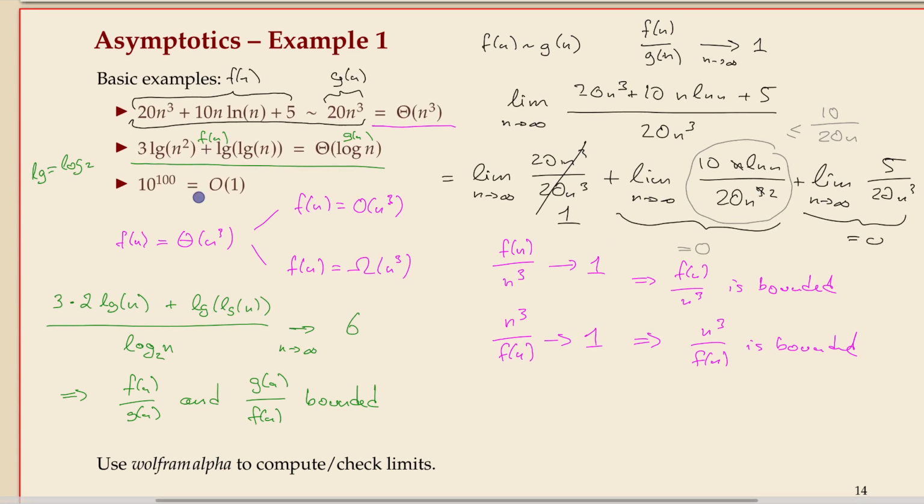The last example doesn't even need a computation. It's just pointing out some idiosyncrasies of these definitions. That's a humongous number, probably about the size of the universe in some measures. The number of protons in the universe is probably less than that. But it's still a constant, so it's O of 1, because if you divide 10 to the 100 by 1, that's still bounded by 10 to the 100.